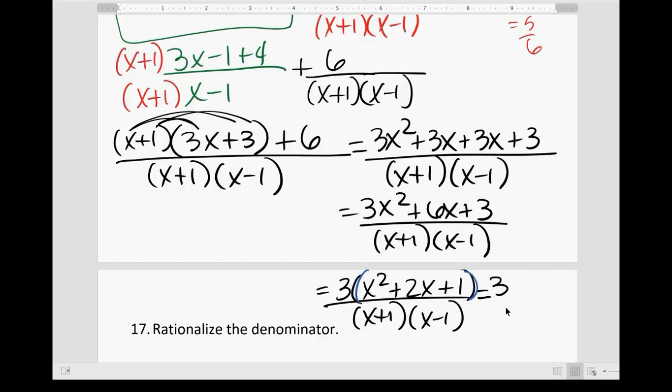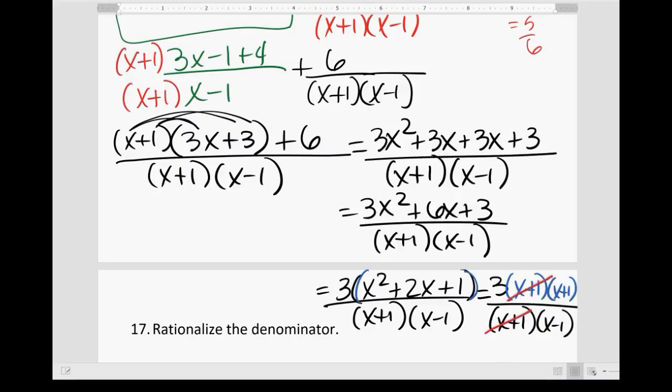So I need two numbers that will multiply to give me 1 and add to give me 2, which would be 1 and 1. So I have 3 times x plus 1 times x plus 1 over x plus 1 times x minus 1.